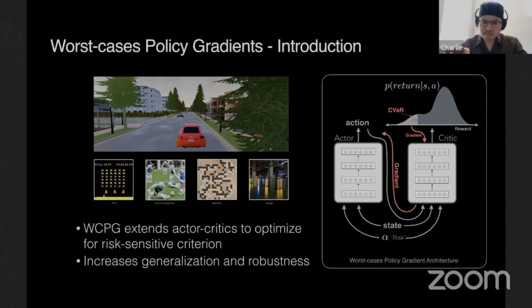But the critic, instead of outputting a single Q value, which is a scalar, is going to learn to model the entire distribution. Then we're going to optimize for risk-sensitive criteria. We'll talk about the criteria on the next slide. But this is a modification so that we can have better generalization and better robustness.